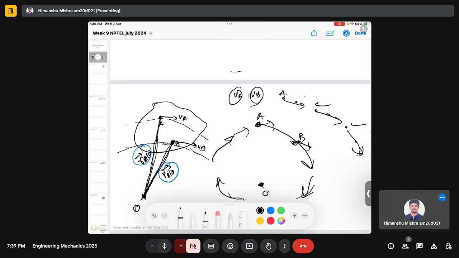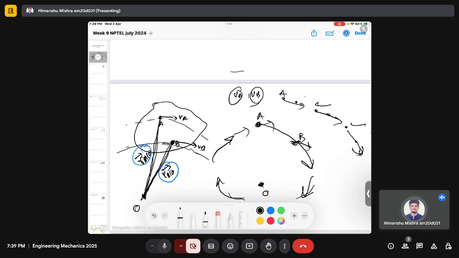So at the location where these two lines meet each other, this is actually the instantaneous center, because at this location my translation velocity is 0, and this is the fixed location about which my points A and B are exhibiting rotational motion.